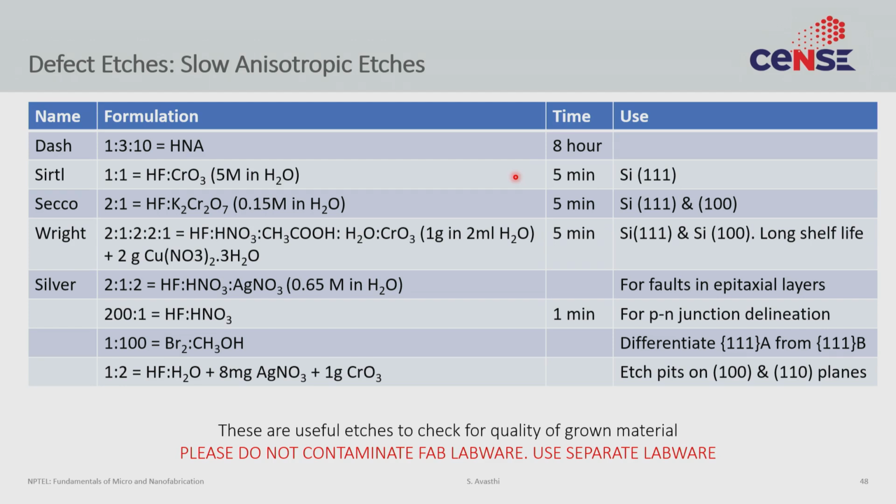Because the lattice is unhappy, it can have a slightly different etching rate at the defect site than at the rest of the bulk crystal. That difference in etching rate can be used to either create a hillock, in which case the defect doesn't etch and the rest of the material etches, so you create a hill, or to create a pit where the defect etches very fast and the rest of the material doesn't etch.